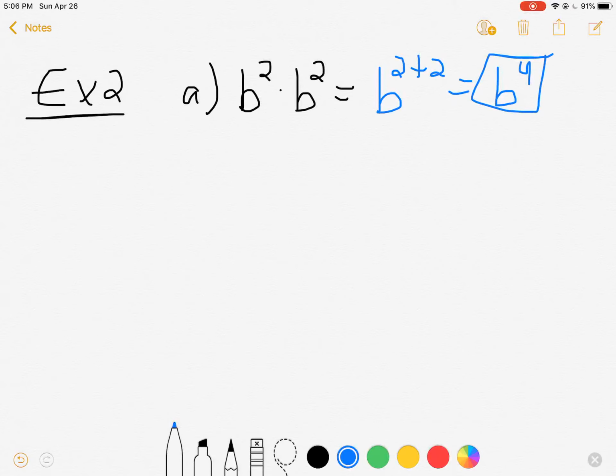It's real easy to see because we just got through doing a section where we had to write out what bases and exponents meant. So b to the second is b times b, and then this would be b times b, and then we can easily see why that's b to the 4th.